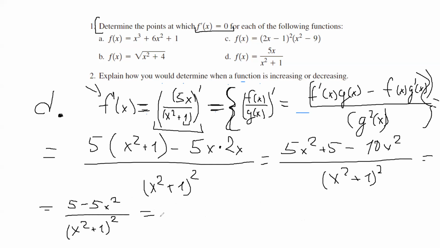So here, first thing first, I can see that this function can be equal to 0 if and only if the numerator equals 0 and the denominator doesn't equal 0. Those are two important rules.